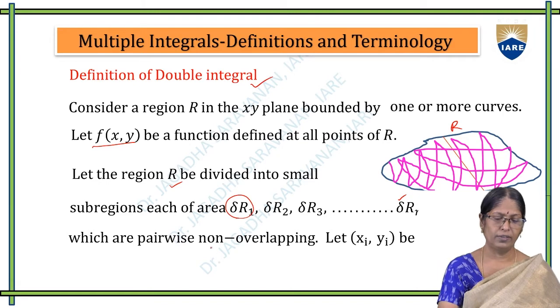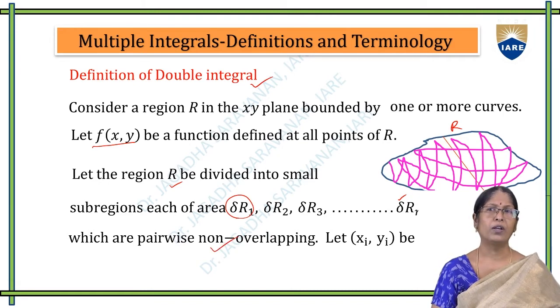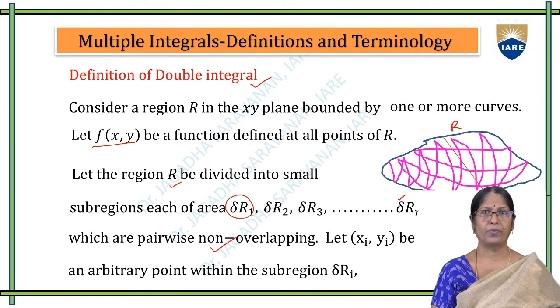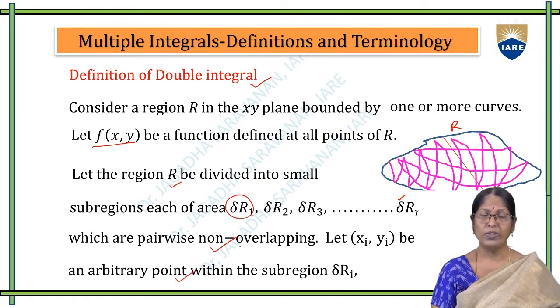These regions are not overlapping. Next, the coordinate xi, yi is an arbitrary point within the subregion del Ri.